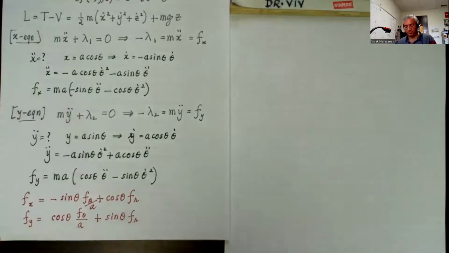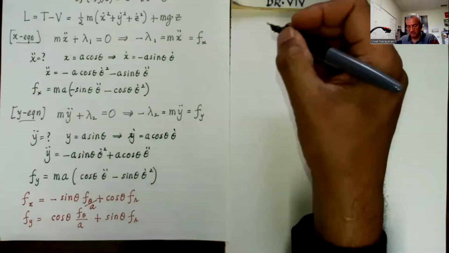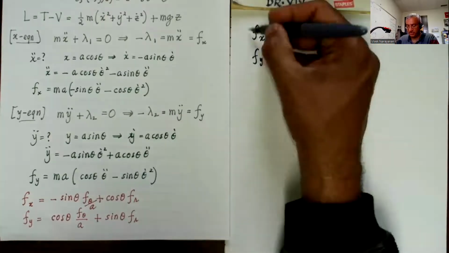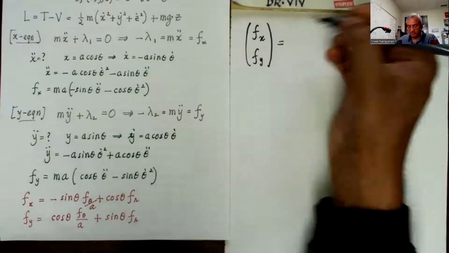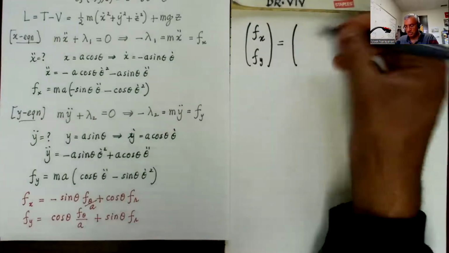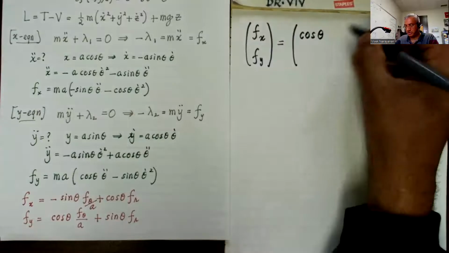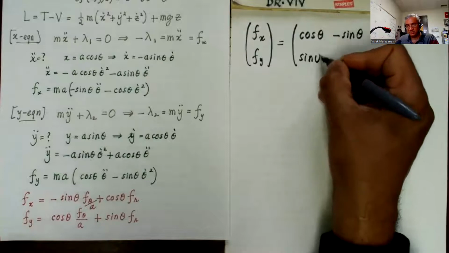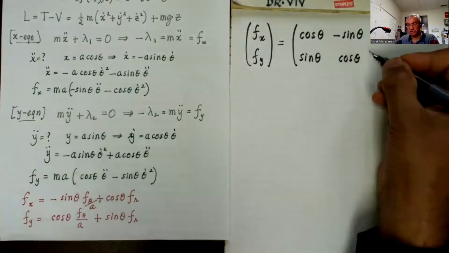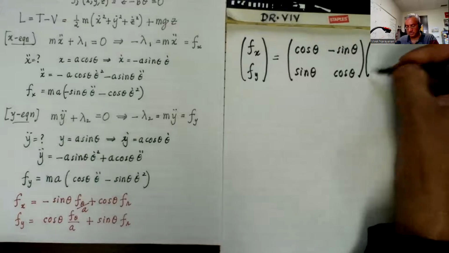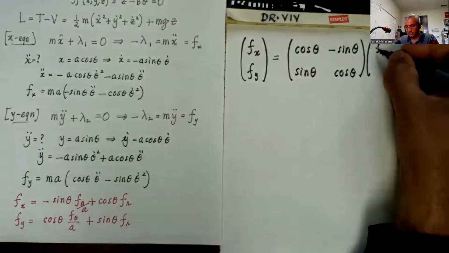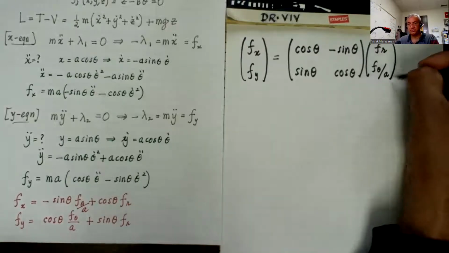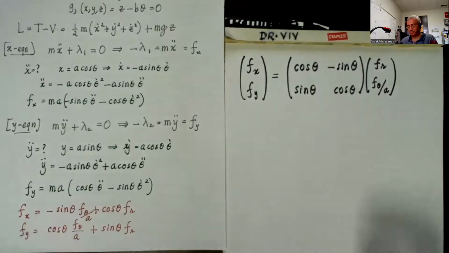I'm going to write this in matrix form. So the constraint forces Fx and Fy are given by cosine theta, negative sine theta, sine theta, cosine theta of Fr and F theta divided by A. So you can see how this works.